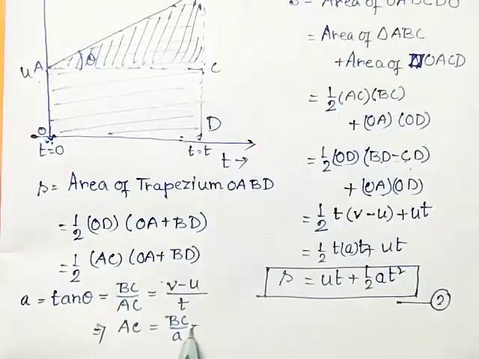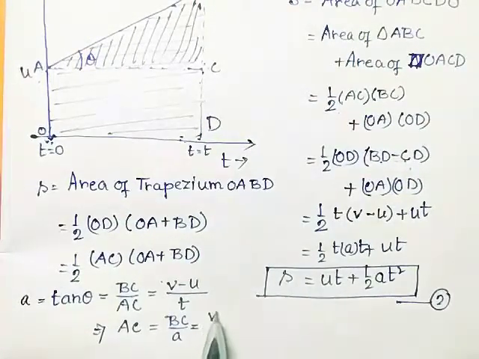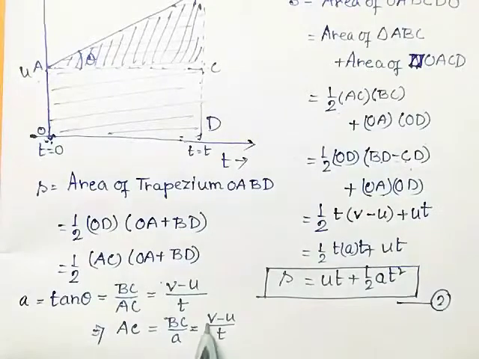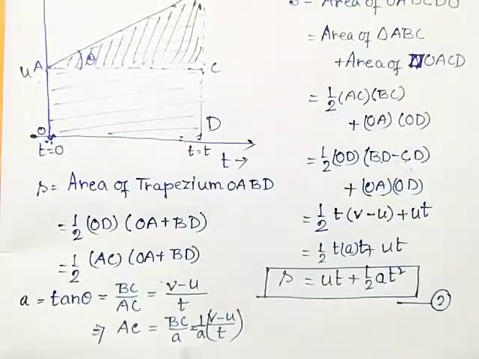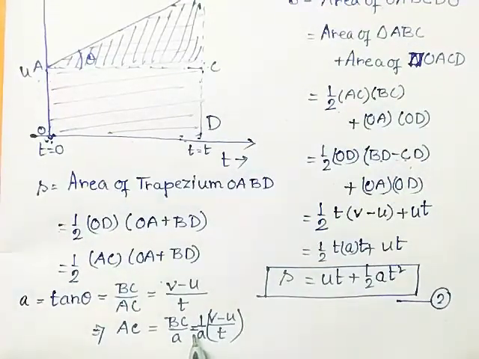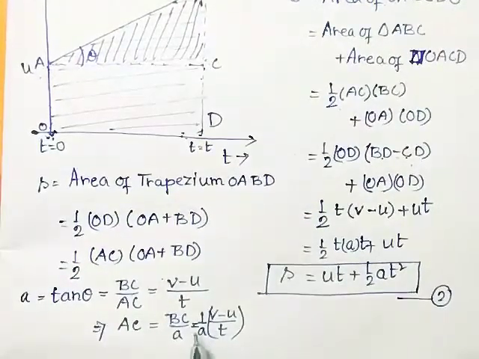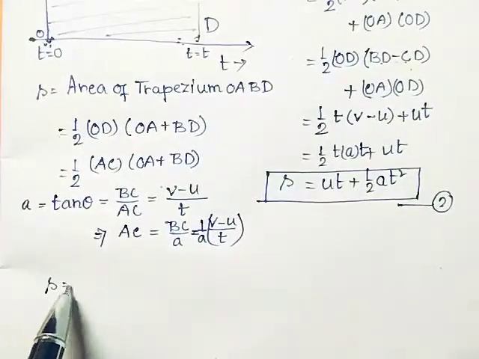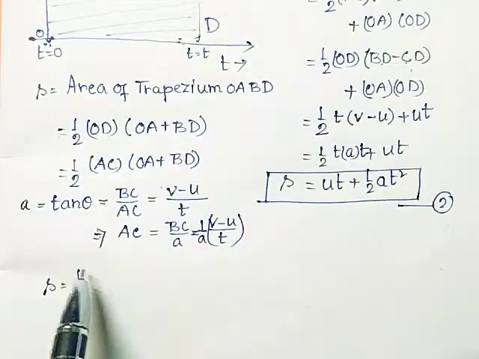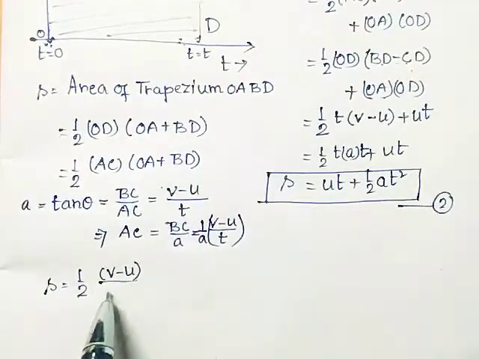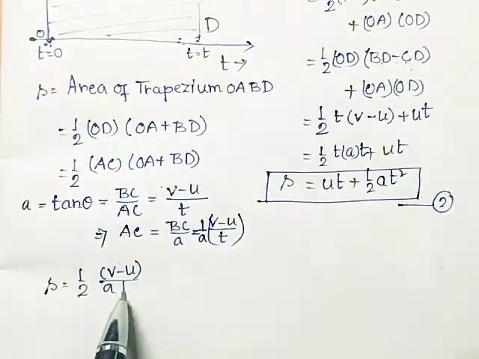And what is BC? BC is V minus U, divided by A. So if I replace this, just see, then S will be equal to 1 by 2 into V minus U divided by A, into OA plus BD.